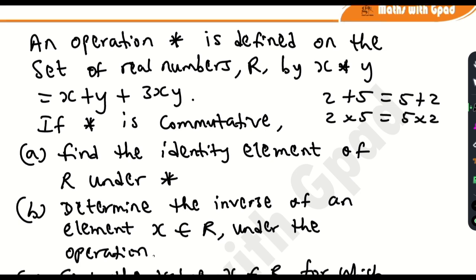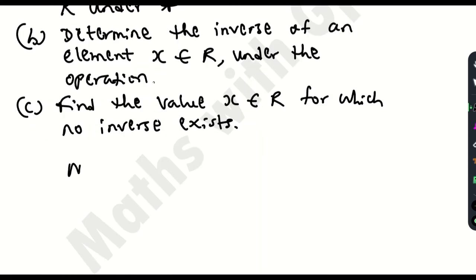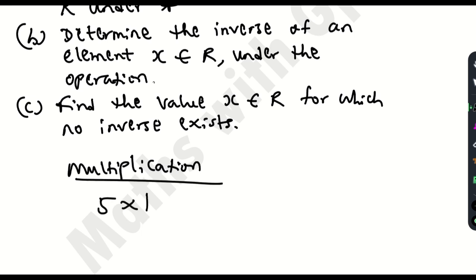For example, let's start with multiplication. If you have 5 times 1, this is the operation times. 5 times 1 is also 5. 7 times 1 is also what? 7.